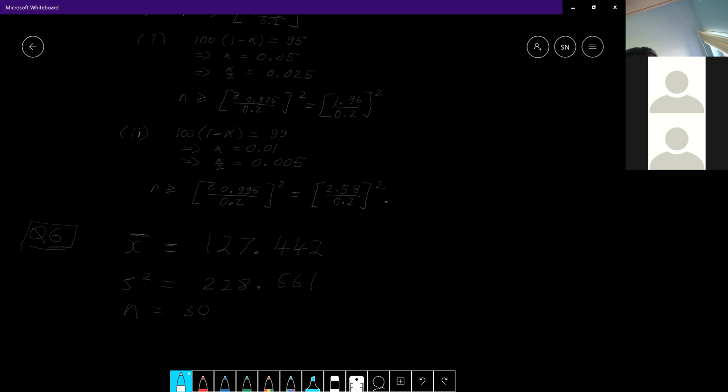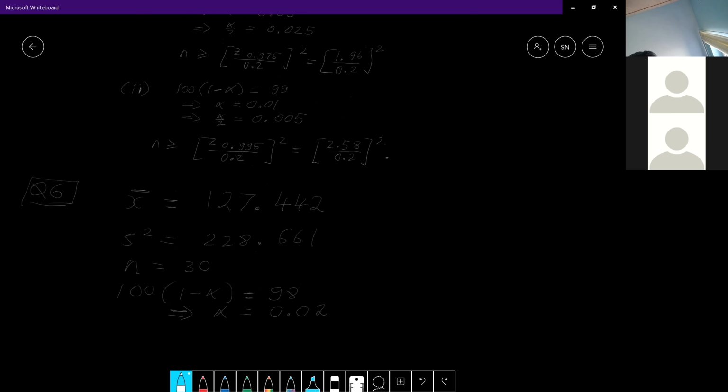Now we want to find the 98% confidence interval, which means that 100 times (1 minus alpha) is equal to 98. So this implies that alpha must be 0.02. Yes, 0.02. So this is all the info that is given to you.